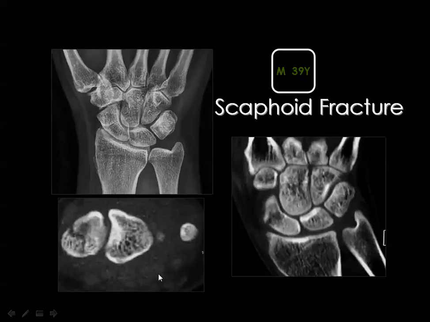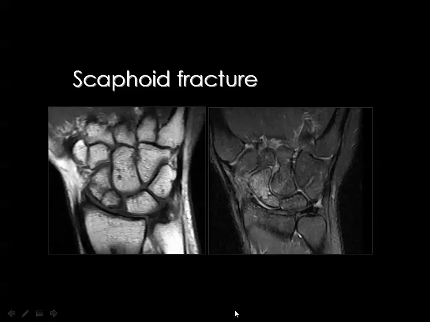It's very difficult to see the fractures and to locate the names of the bones. But whenever you have a coronal reconstruction like this one, it's easy for you to know that this is the scaphoid and there is a fracture in the waist of the scaphoid. By MRI, you can see the fracture line in the T1 weighted image, and you can also see the post-traumatic bone marrow edema of the scaphoid bone.